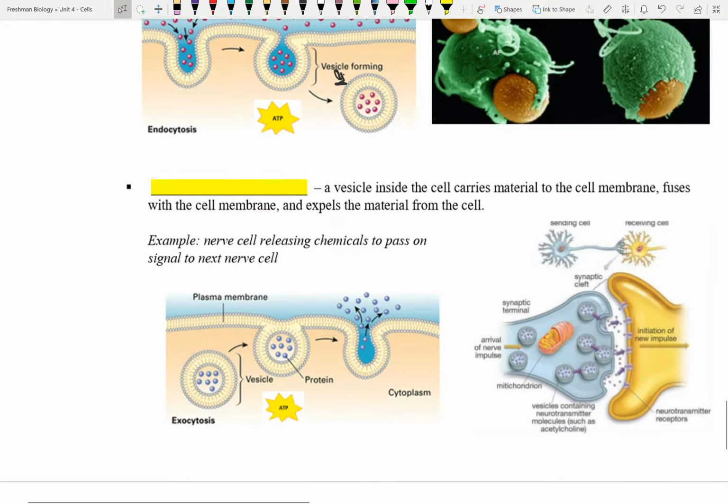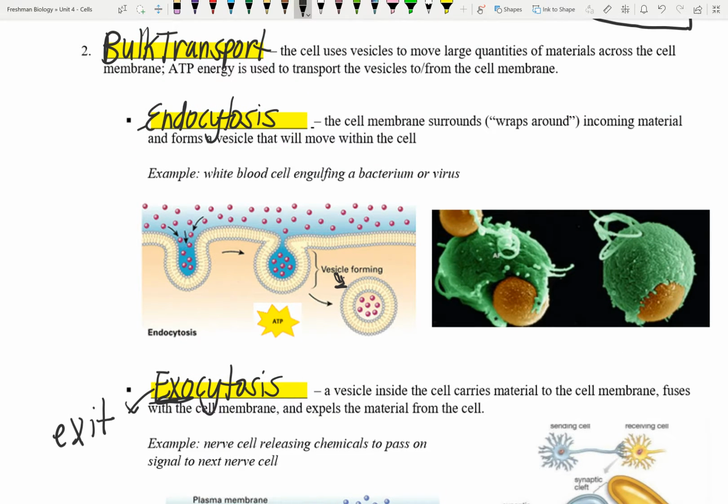Other times, cells want to ship things out. And if they're shipping something out that's really big or a bunch of product all at once, then exocytosis can be used. So here we have things exiting. So exo, think exit, whereas with endo, you want to think enter.